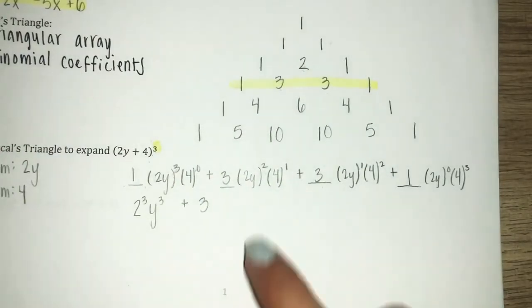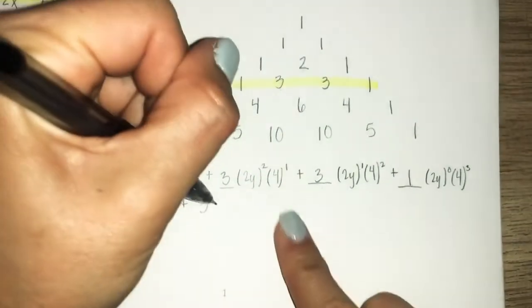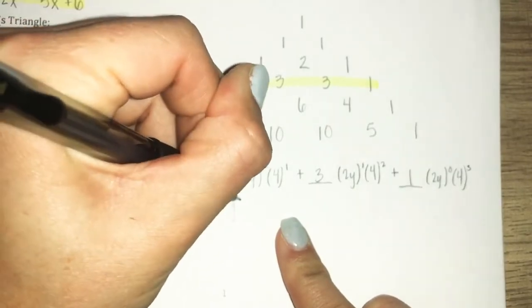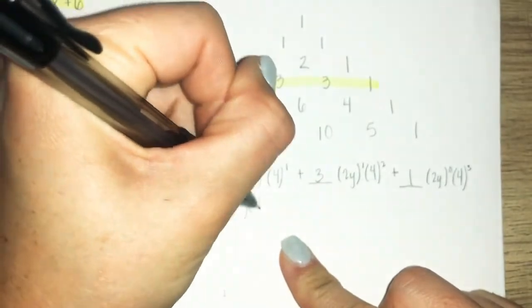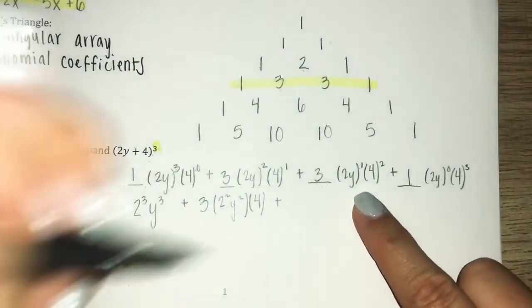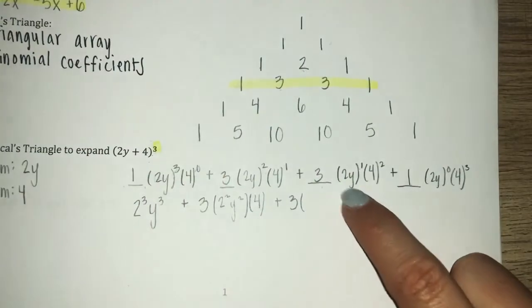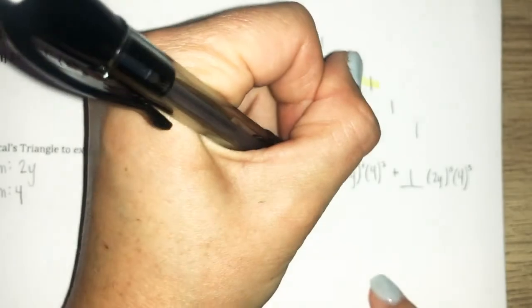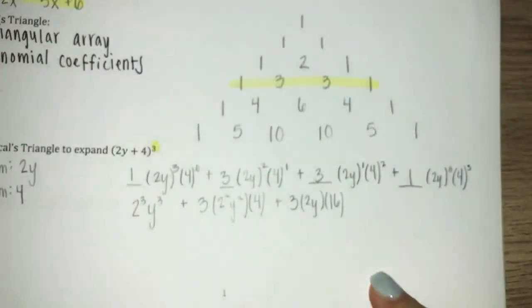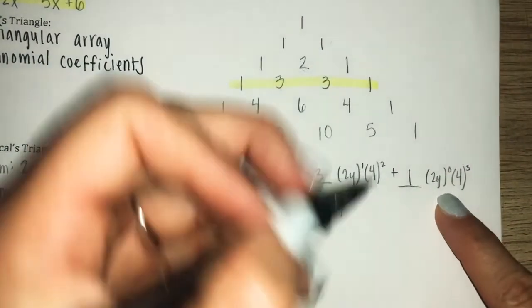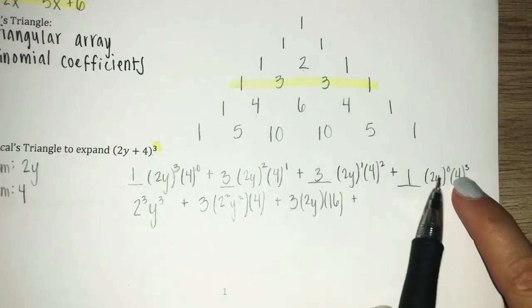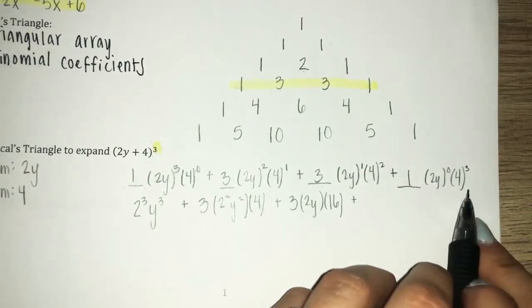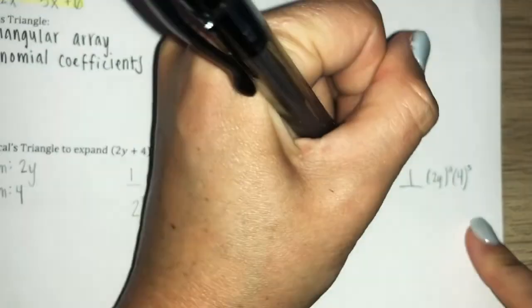So 3 times 2y squared, which is 2 squared times y squared, and then times 4, plus 3 times 2y to the first, so this just stays as 2y, and then 4 squared would be 16. And then the last one, plus 1 times 2y to the 0 power. Anything to the 0 power is just 1. So this 2y to the 0 is just 1, and I'm just worried about 4 to the third power now, which is 64.